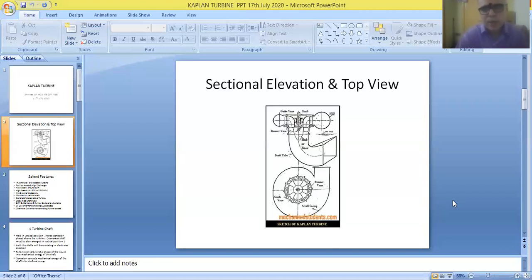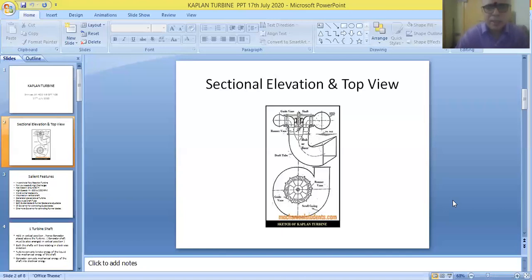So as a whole, guide wheel mechanism is meant for guiding water into the runner in required direction, and also for controlling the quantity of water which is entering the runner as per the load acting on the turbine. So friends, this is about the arrangement of guide wheel mechanism.